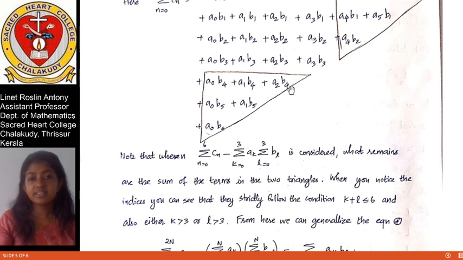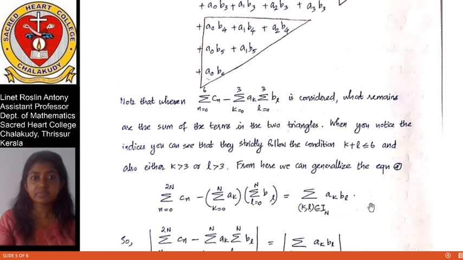So when we add the indices, they will always be less than or equal to 6, right? That is an observation: K plus L is less than or equal to 6.